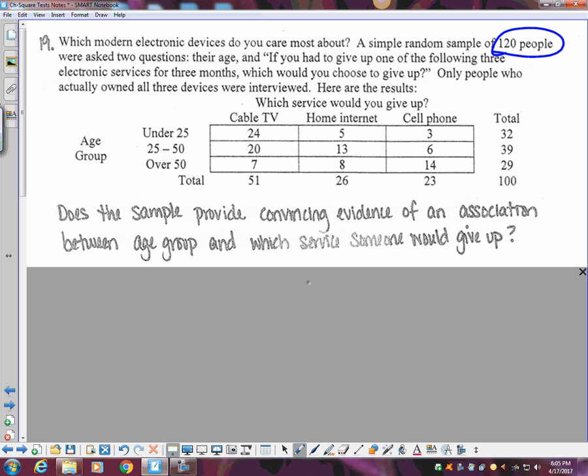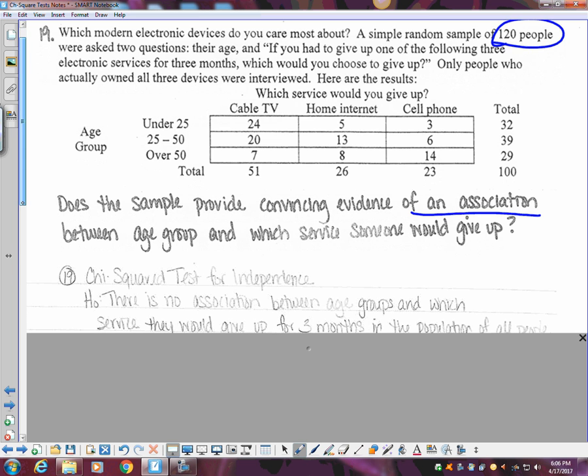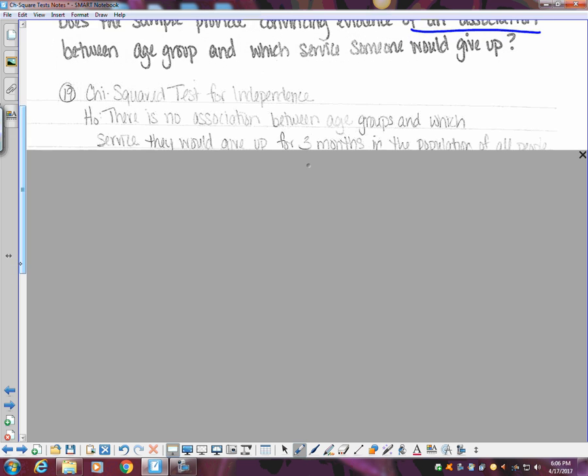So I have one sample, 2 variables, so start to think about which one that is. It says, does the sample provide convincing evidence of an association between age group and which service someone would give up? Okay, well, I'm looking for, is there an association? So this is a chi-squared test for independence because I have one sample and 2 variables.